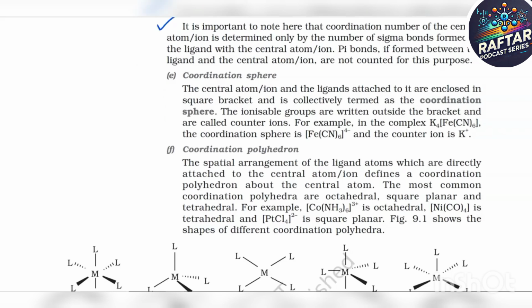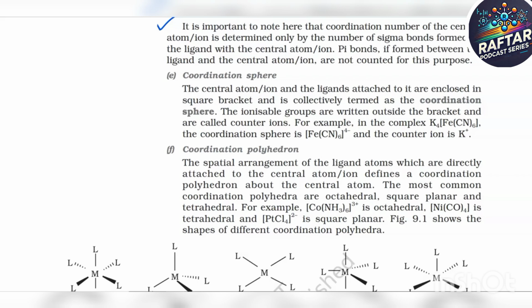It is important to note here that the coordination number of the central atom or ion is determined only by the number of sigma bonds formed by the ligand with the central atom or ion. Pi bonds, if found between ligand and the central atom or ion, are not counted for this purpose.